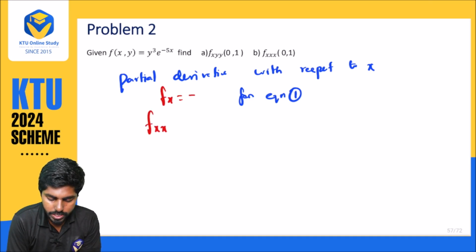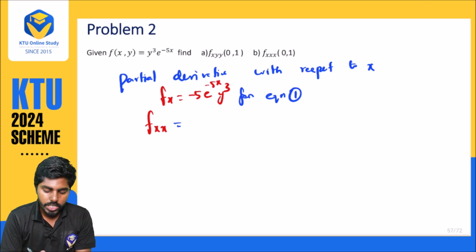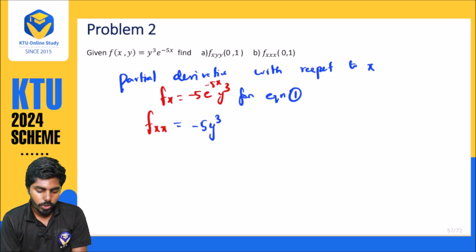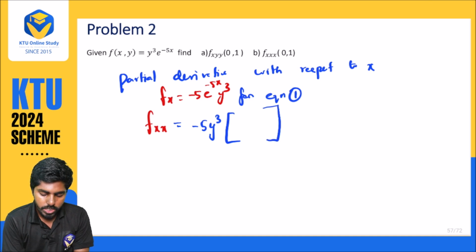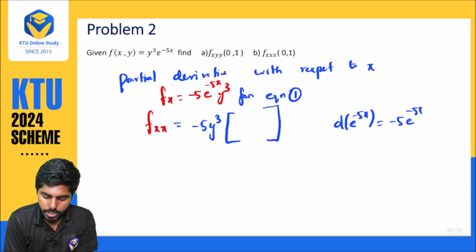That is minus 5 e power of minus 5x y cube. Again the partial derivative with respect to x: here minus 5 y cube is a constant. So the partial derivative of e power of minus 5x is minus 5 e power of minus 5x.